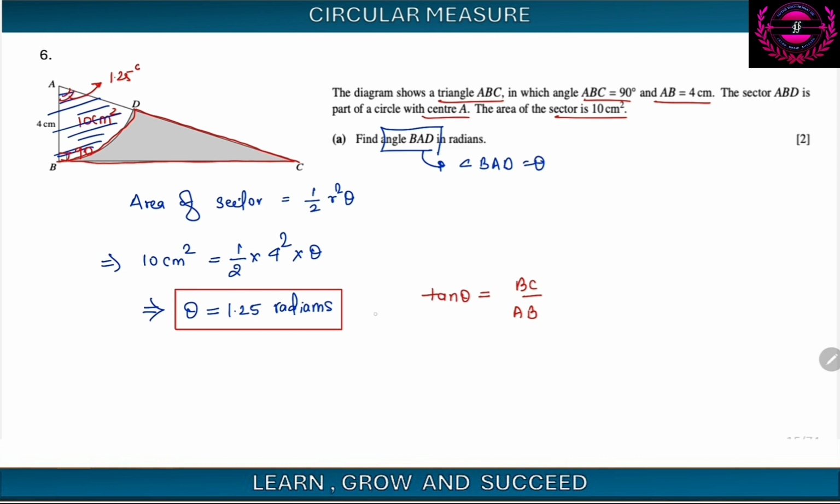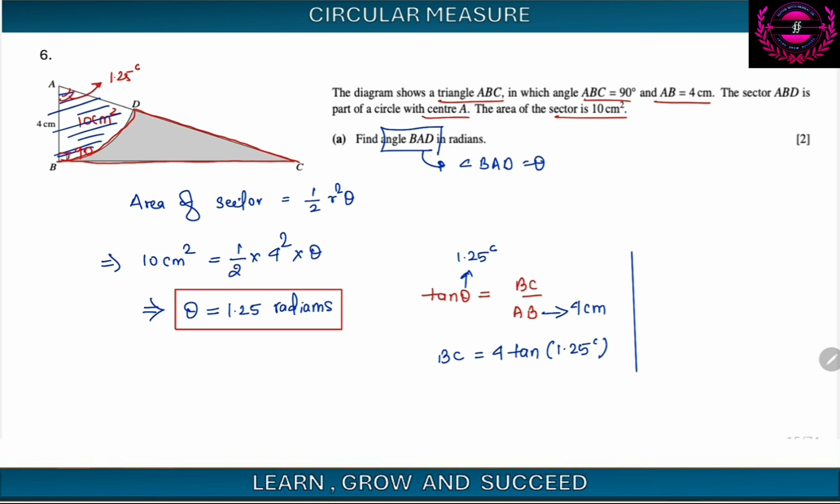So using the value of theta as 1.25 and AB as 4 centimeters, and theta given in radians, always change your calculator from degrees to radians. You can calculate the length of BC, which is 4 tan 1.25 radians.